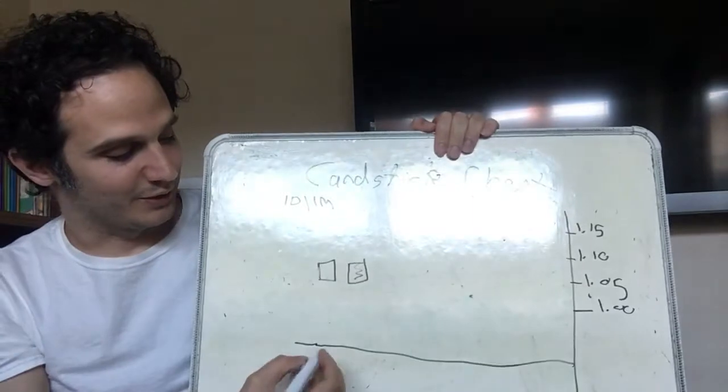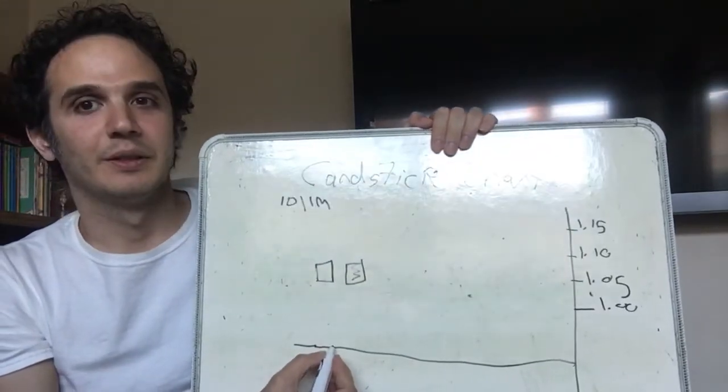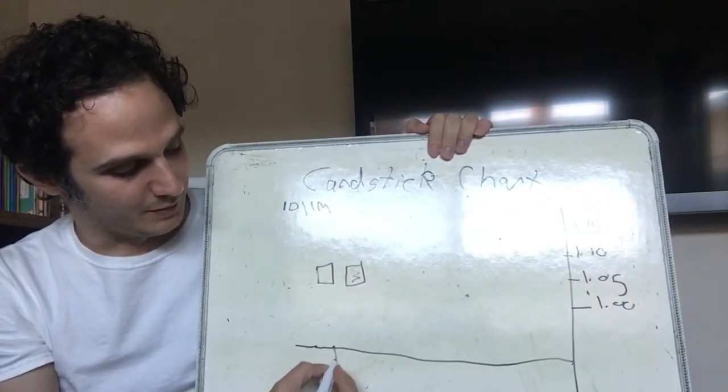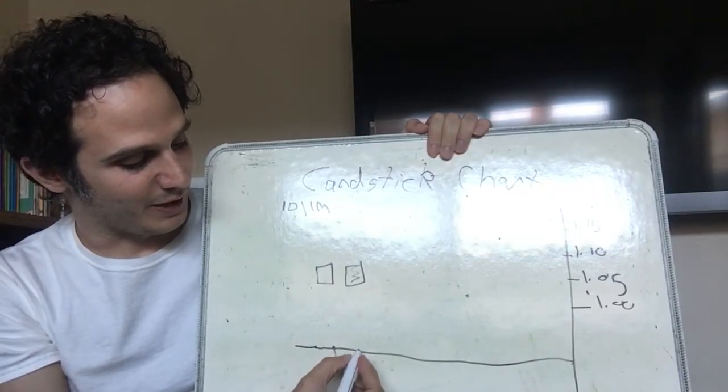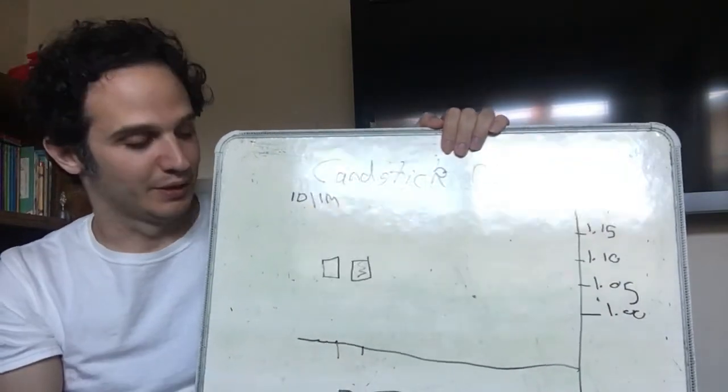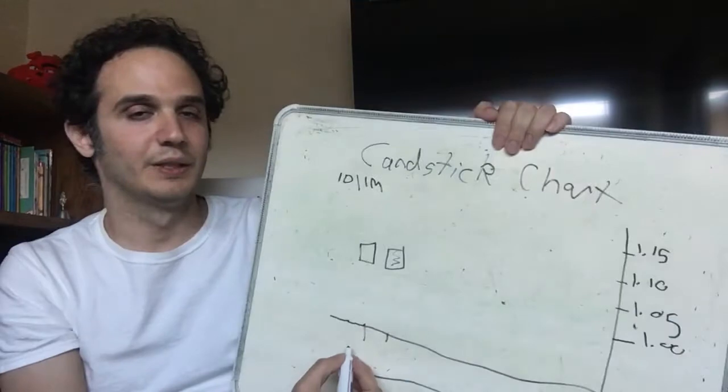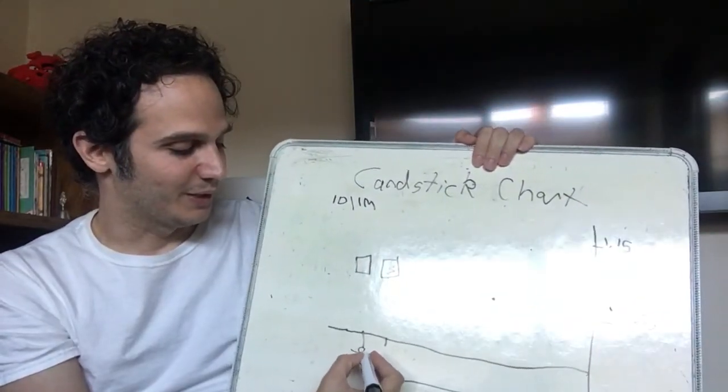And so down here, each point on this axis might be a minute. So this might be like 9.